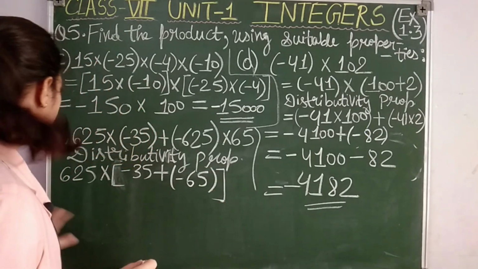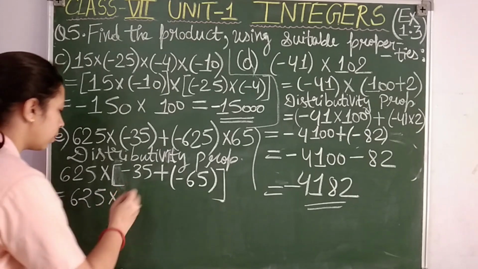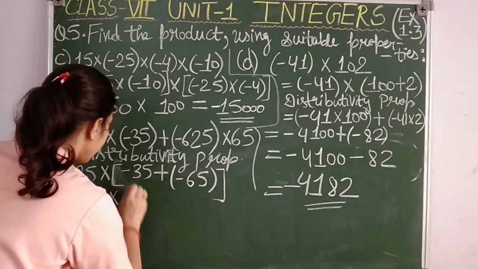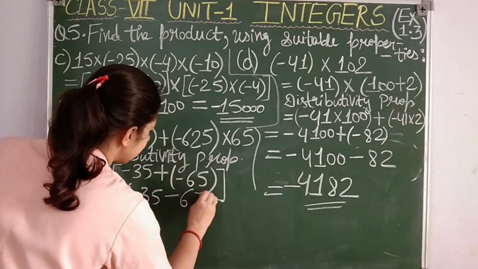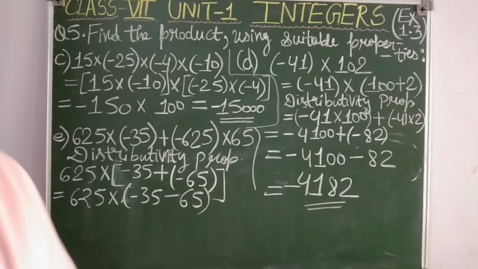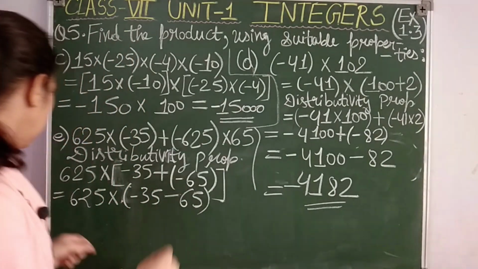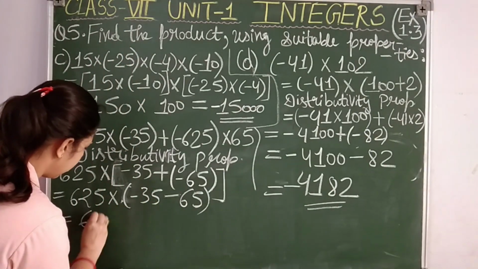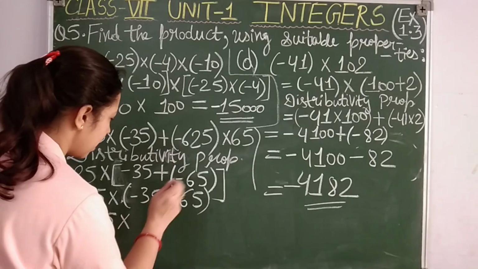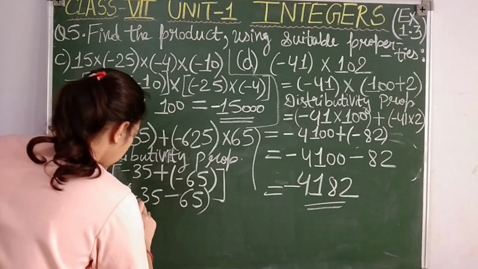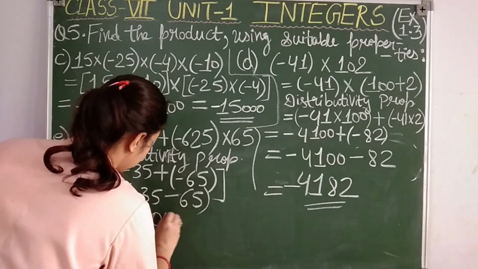Okay, now what will happen? See, 625 into, open the brackets, minus 35 plus minus, minus 65. Okay students, so here 625 multiplied by, let's solve this, minus minus plus, so 60, 70, 80, 90, 100 we are going to get, negative 100.